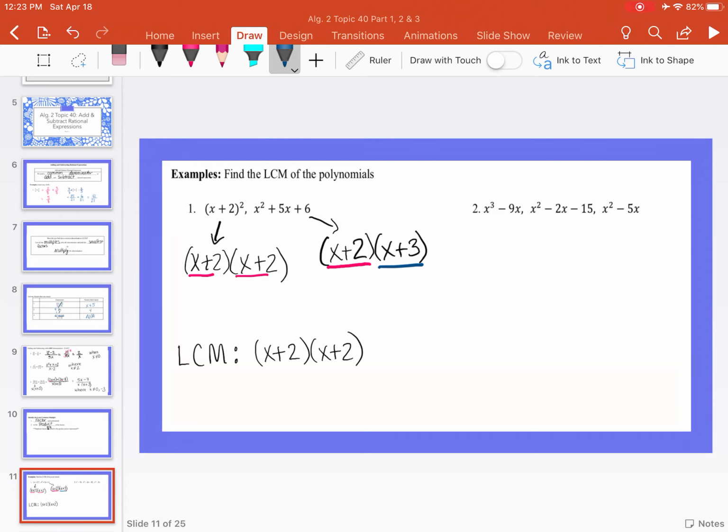So in our least common multiple, we also need to include our x plus 3. All of these factors need to be accounted for. Then we can rewrite this as x plus 2 times x plus 2 times x plus 3, or x plus 2 squared times x plus 3.